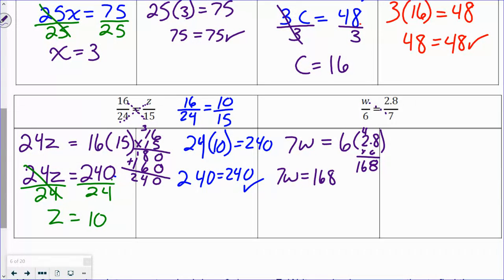All right. What am I going to divide by? We should know, right? We're going to divide by 7. 168. Divide by 7. 7 goes in 16 twice, and goes into 28 4 times. So we are saying W equals 24.